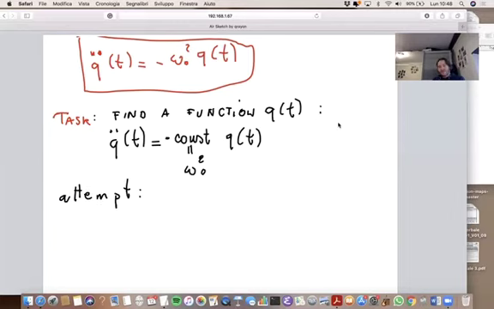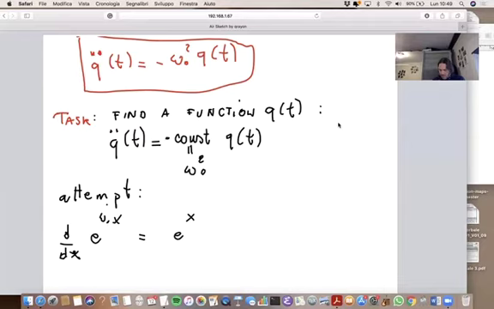It's tempting to go back in our notes from high school and say, I remember there was a function that was left unchanged by derivatives. And that was the exponential function, right? The exponential function has this nice property that d by dx of e to the x is actually e to the x. I think we all remember that. And therefore, we might say, fine, now I put omega naught here, and time.